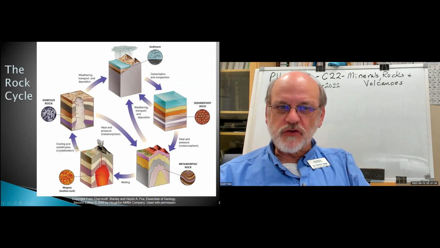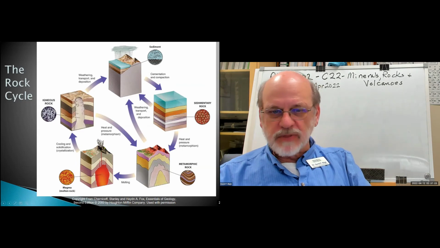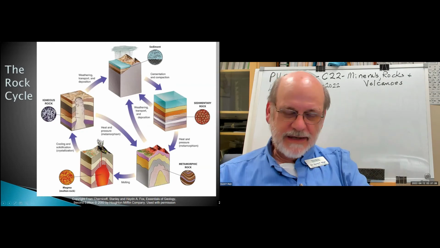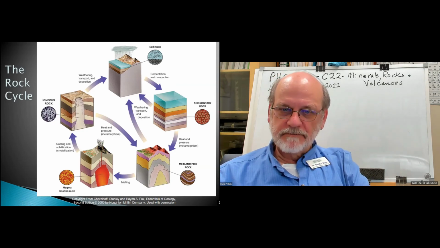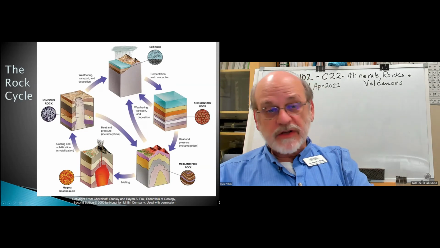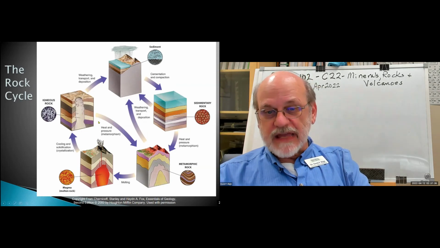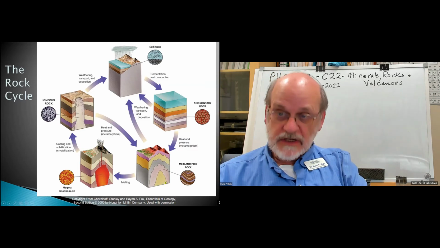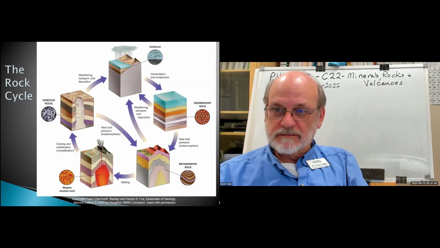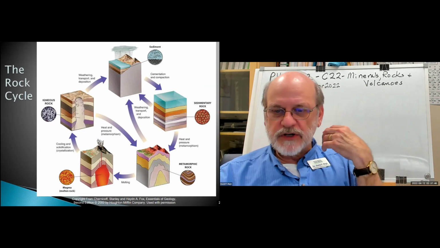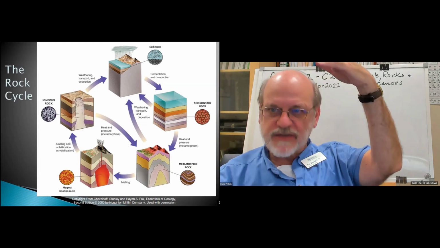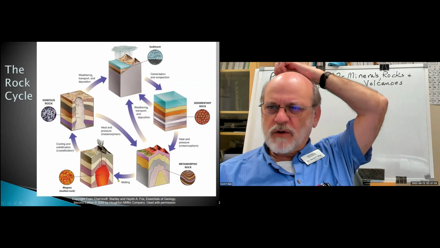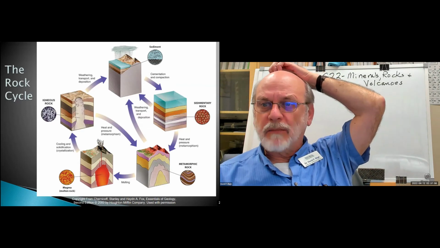We can cool it as an intrusive rock, or we can blow it out the top as lava and form igneous rock. Or you could even take igneous rock and heat it under pressure and metamorphose it. So that's possible. You can take once molten rock that's now solid, put it under pressure at the right place in the earth, and change it again. Rather than a cycle, it's more like a rock web.